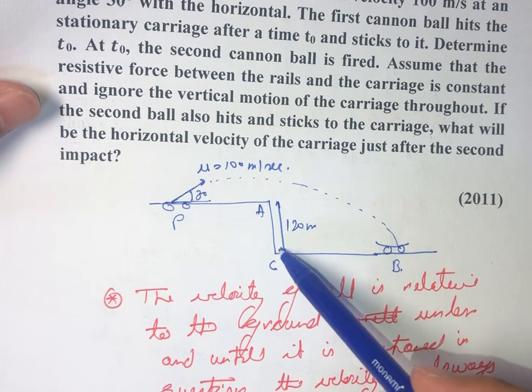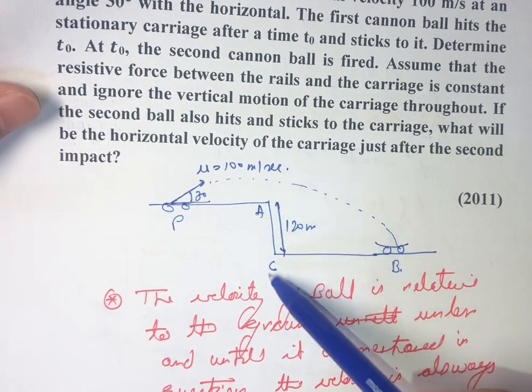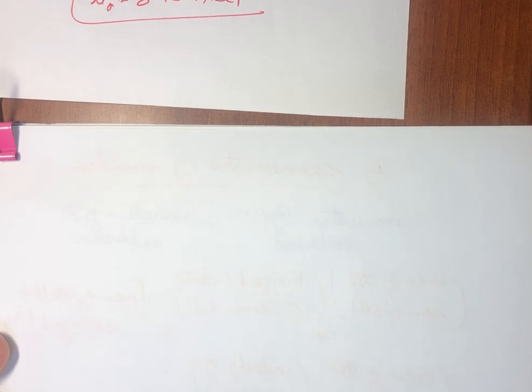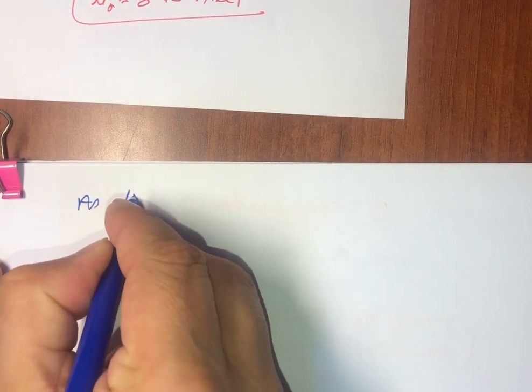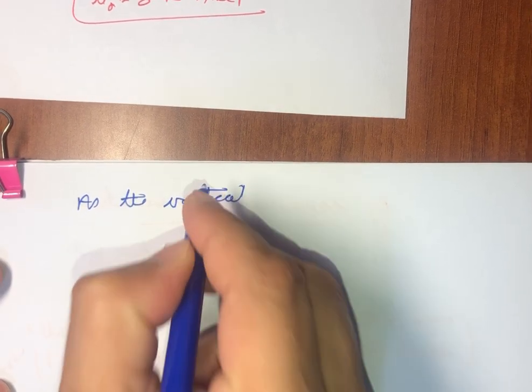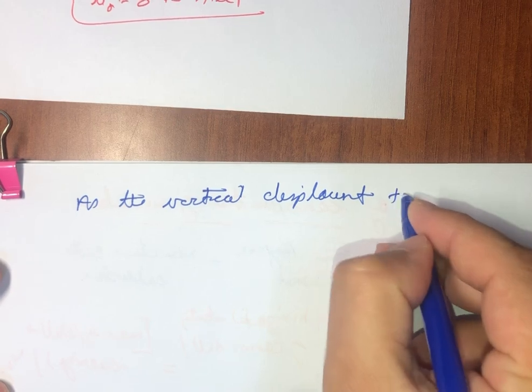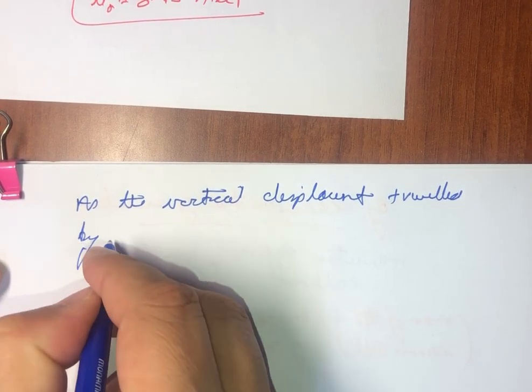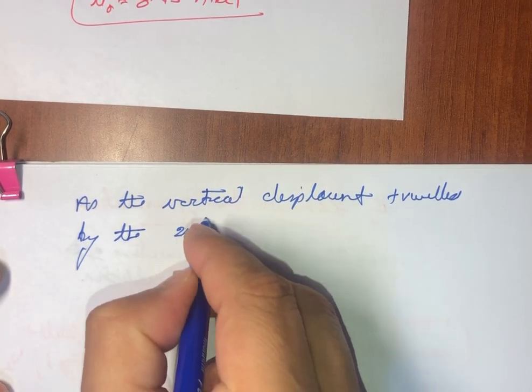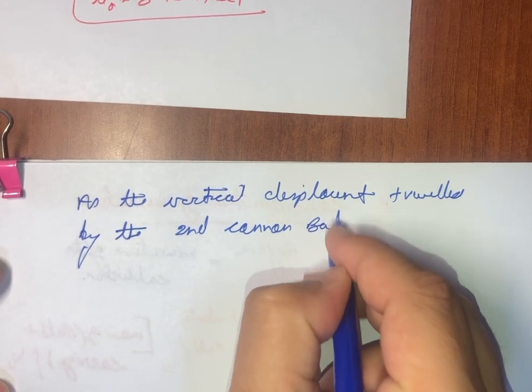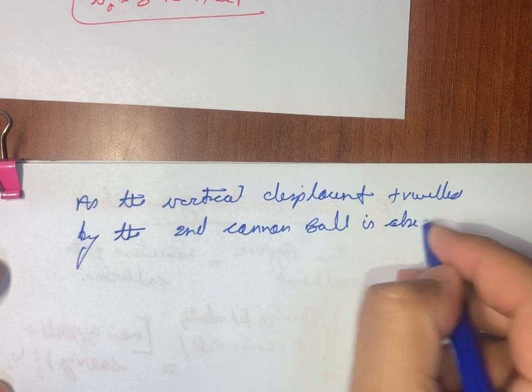Now it is given that the vertical displacement traveled by the second cannonball is also minus 120 meters.